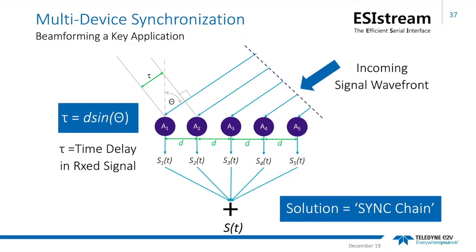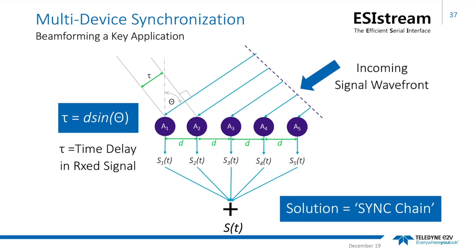So far we've taken it as read that time synchronization is important, but the question is why? Well, there are many systems in use today that rely for their basic operation on maintaining the integrity of precise signal phase information. In this example, we see an array of 5 separate antennas, each separated from the other by a distance d, labelled here in green.